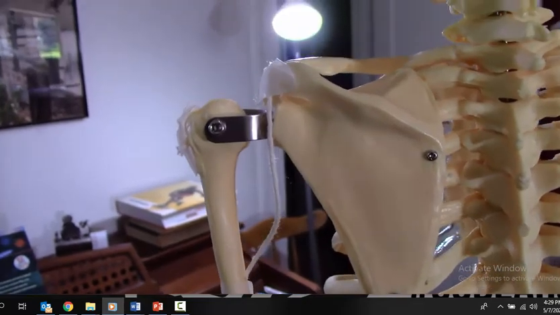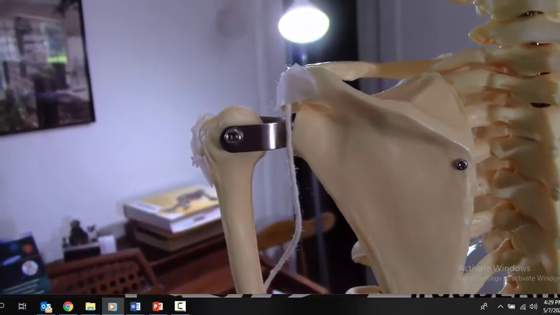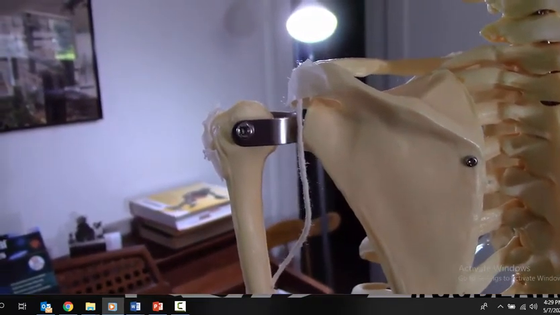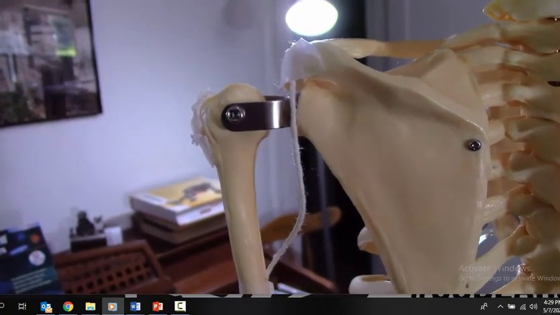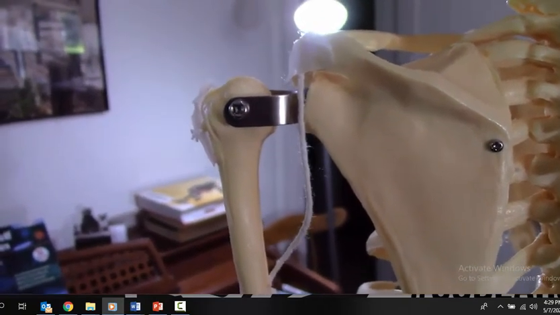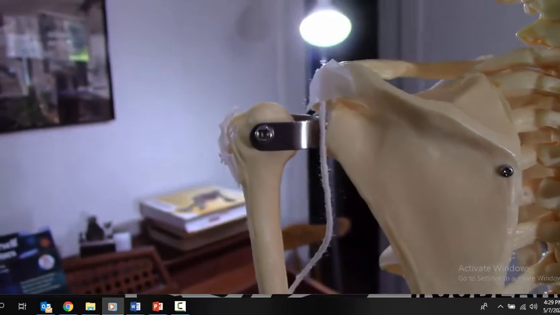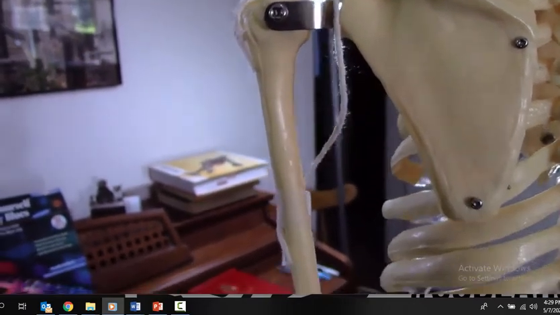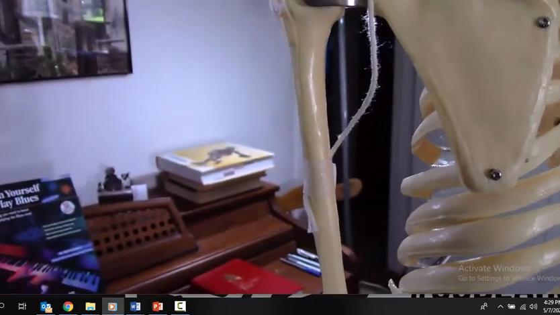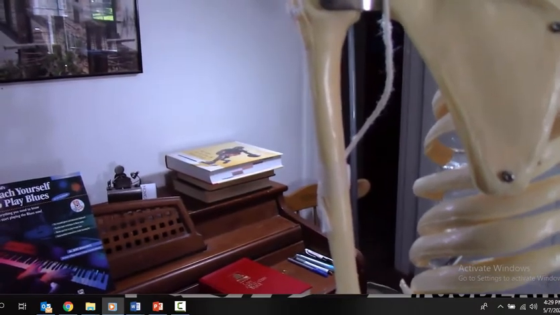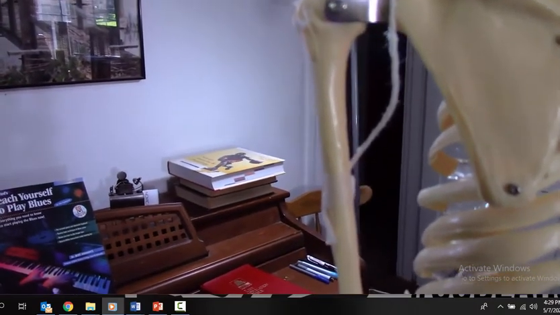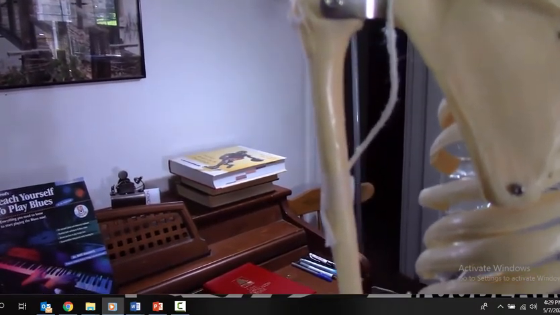This would be the deltoid muscle on the shoulder, originates on the acromial process of the scapula and also on the spine, and inserts down there anteriorly on the deltoid tuberosity of the humerus.